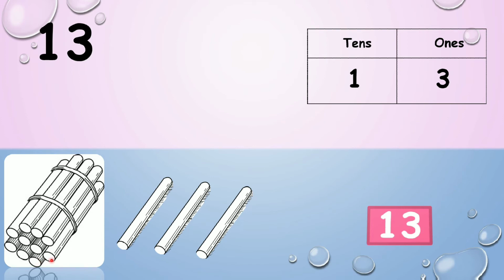So this is a bundle of 10 sticks. But then we have 3 more sticks on the side. Let's count. 1, 2, 3. So altogether, this gives us 13 sticks.